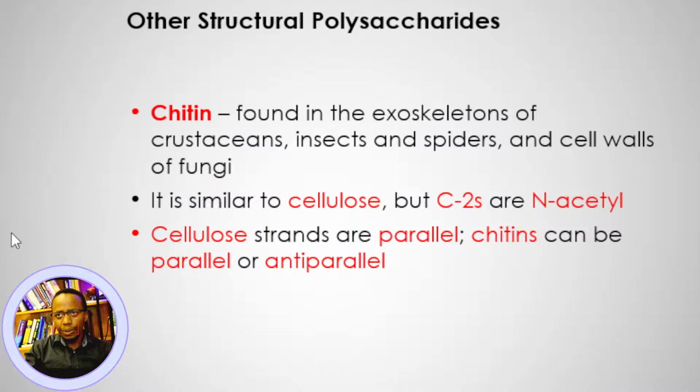All right, so chitin is another one, and this is found in the skeletons of insects, like spiders, and some fungi, and it also serves as structure, right? And speaking on structure, it's kind of like cellulose, except on carbon 2 you have an N-acetyl group.